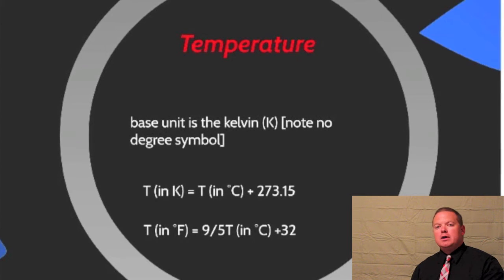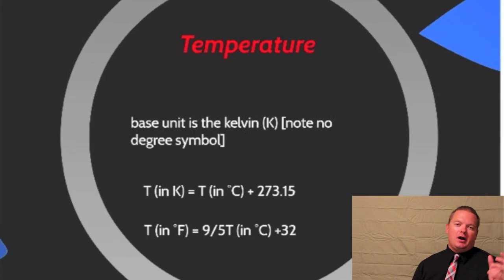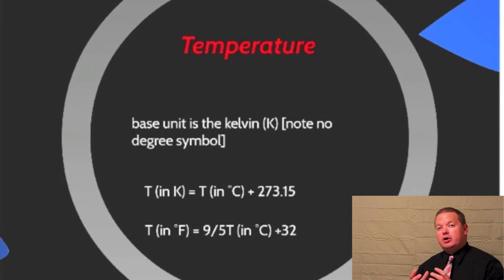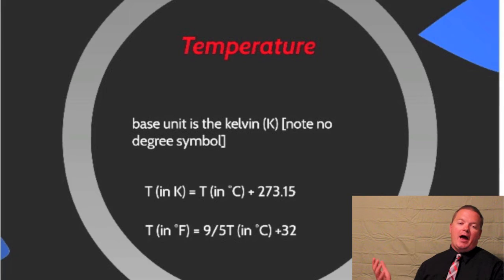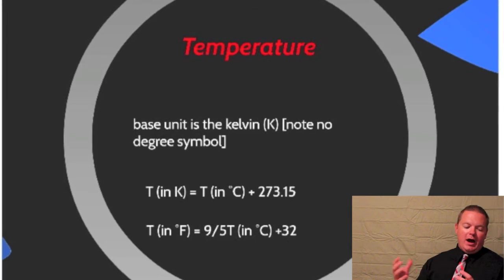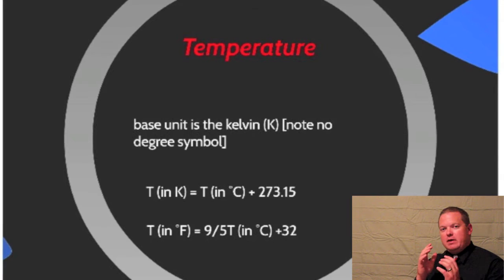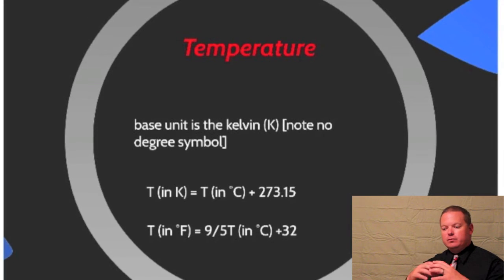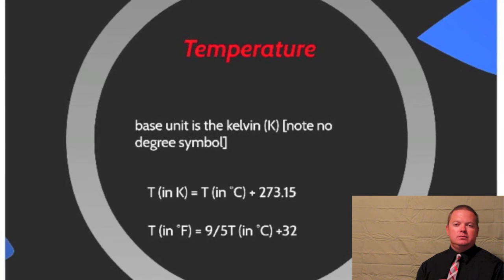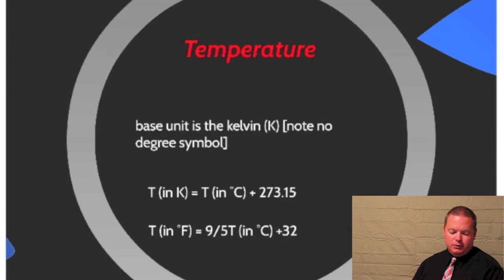And we can convert from Celsius to Fahrenheit or Fahrenheit to Celsius using this equation where we take 9/5 of the degrees Celsius and then add 32 to it. But please note that this absolute scale for temperature is in Kelvin, with no degrees symbol.